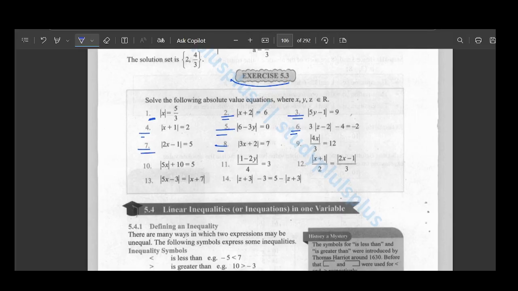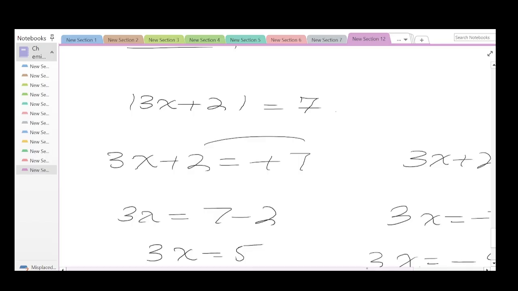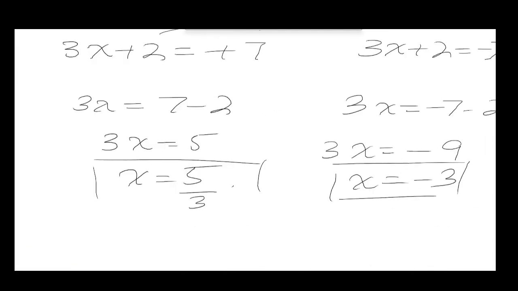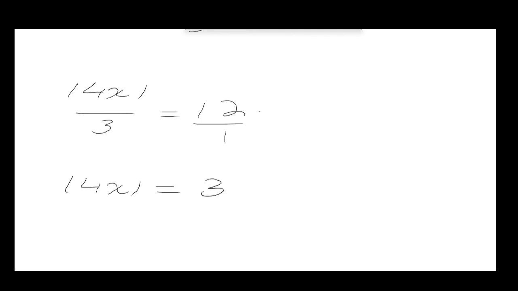Okay. Here now we have question number 9, which is the absolute value of 4x divided by 3 is equal to 12. So this question is a bit different, but nevertheless it's pretty easy. We will write the absolute value of 4x divided by 3 and this is equal to 12. So now we will do cross multiplication. Here we will have the absolute value of 4x is equal to 36.